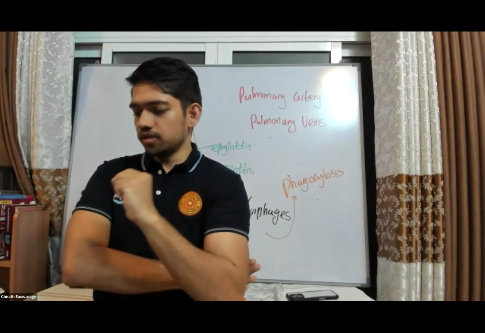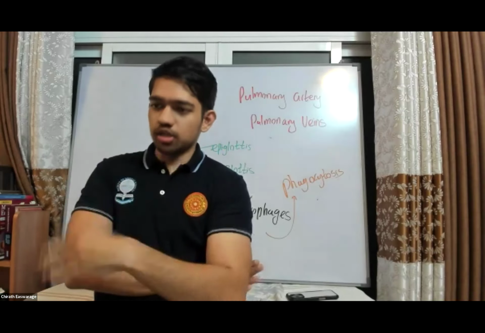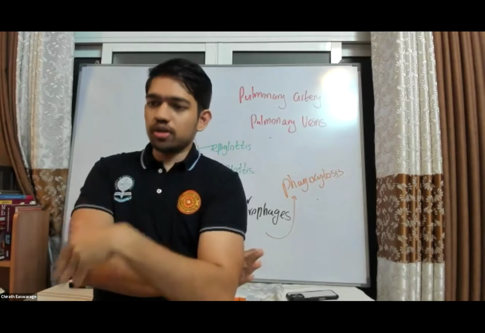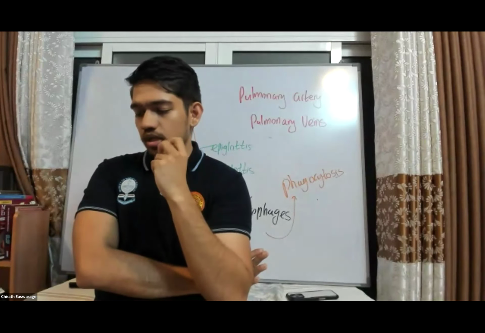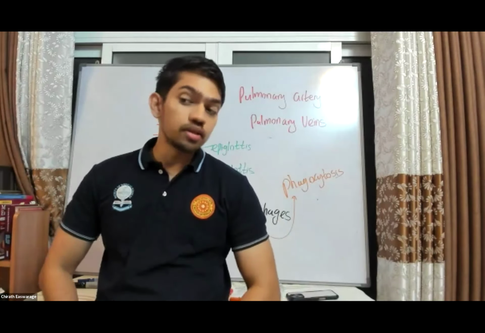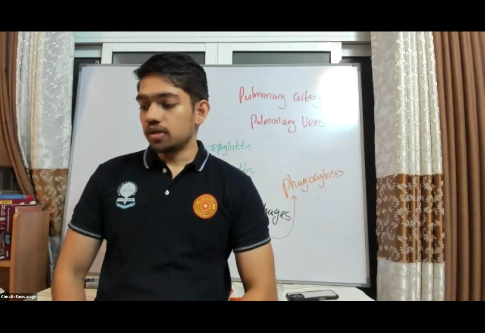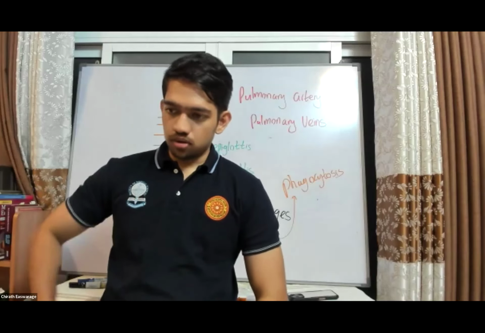Ventilation is accomplished by breathing, which is the alternating movement of air in, that is inhalation, and out of the lungs, that is exhalation. Okay, that is the definition of breathing, right? What is breathing? Alternating movement of air in and out of the lungs. Okay.